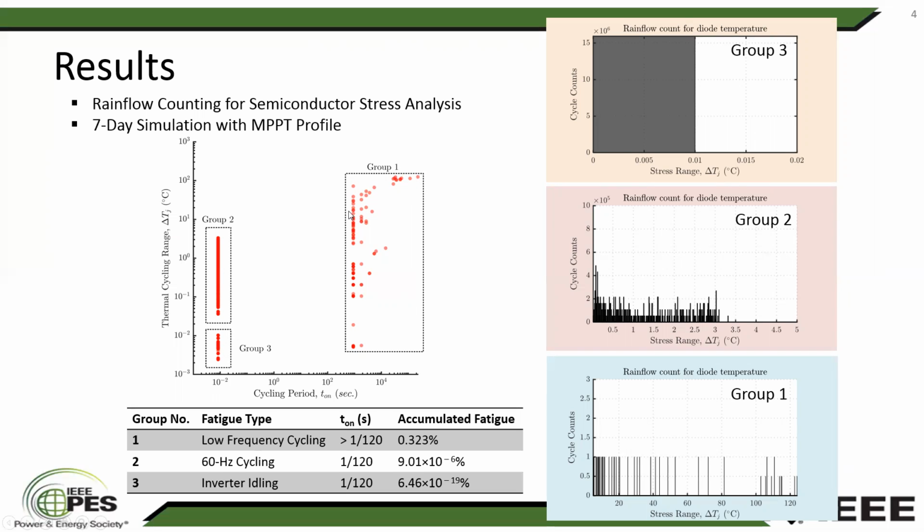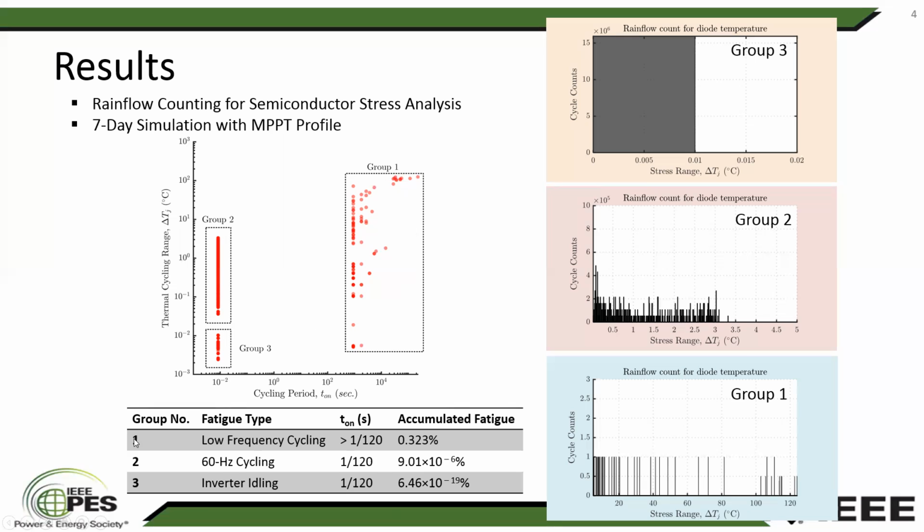Group 1, those low frequency thermal cycling, are typically caused by solar irradiance change, for example, the solar angle change, the cloud cover, or temporary bird shading. And this table shows the accumulated fatigue result from these three groups.